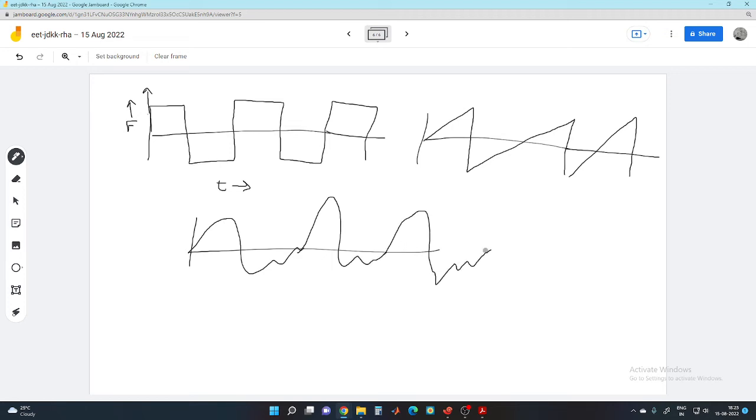There are multiple types of forces, and remember, this method is actually more efficient if the forcing is periodic. So we will assume that it is not sinusoidal, but it has a particular repetition and it corresponds to time period T. So therefore, what we are going to do is find a solution for this periodic forcing.